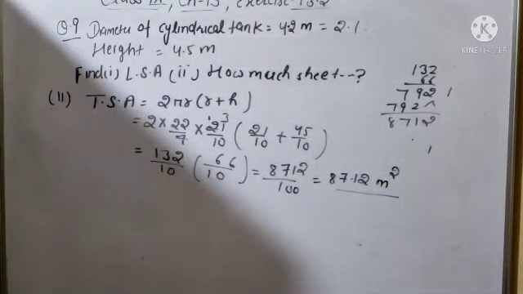But here you have to find out, given the total surface area, how much steel was actually used, if 1/12 of the steel actually used was wasted in making the tank.